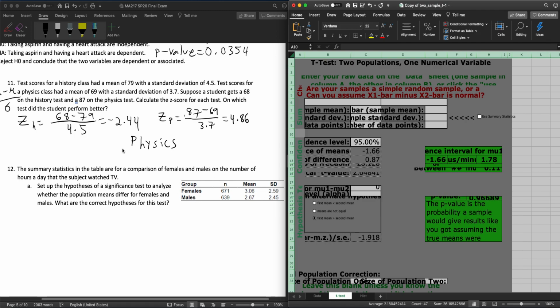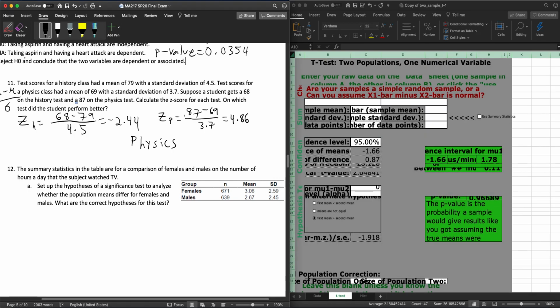We want to set up the hypotheses of a significance test to analyze whether the population means differ for females and males, and what the correct hypotheses are for this test. The null hypothesis, since we have two means, is that the two means are equal.